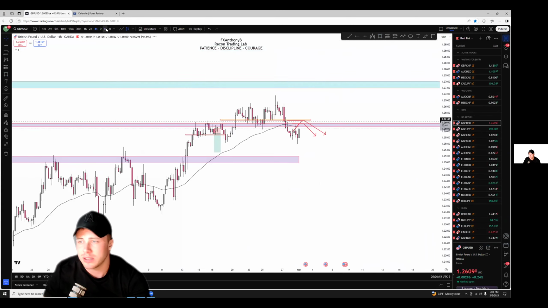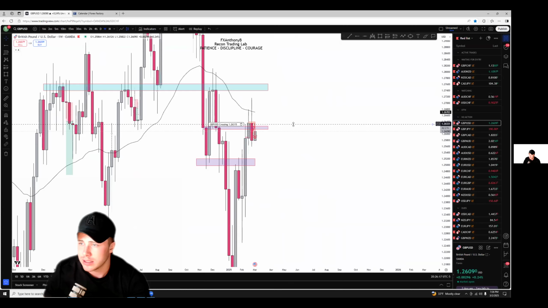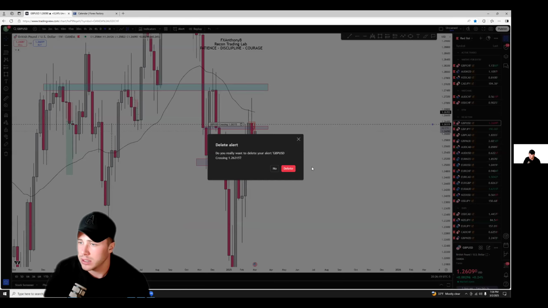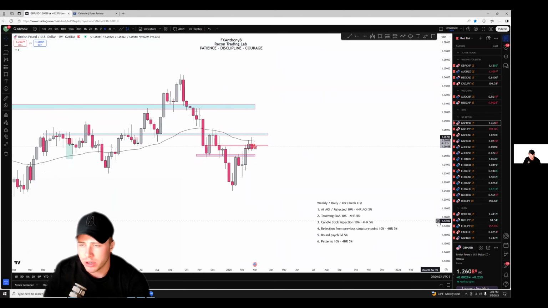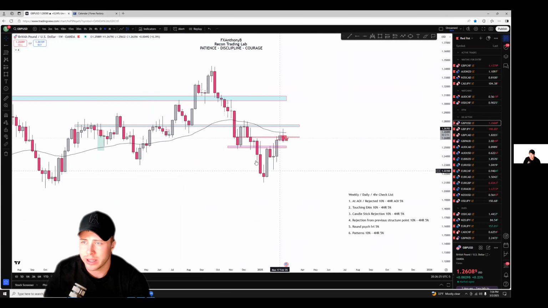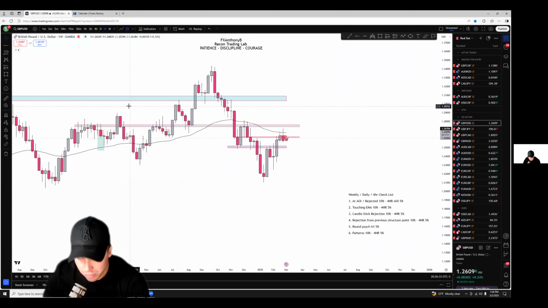GBP USD. Let's get rid of this alarm from last week. All right. So what do we see here? We see a nasty inverted head and shoulders with a shift of structure. Okay, so weekly is actually bullish. How is it bullish?